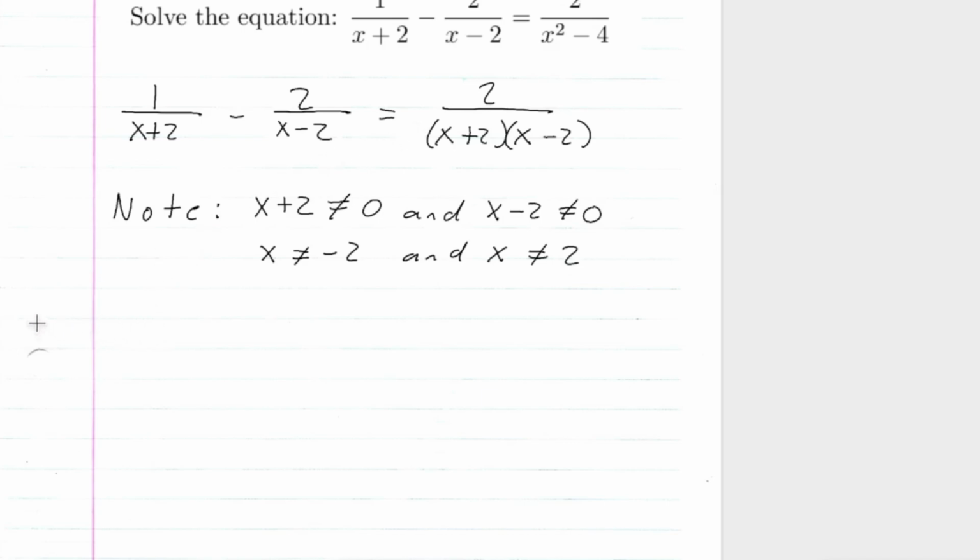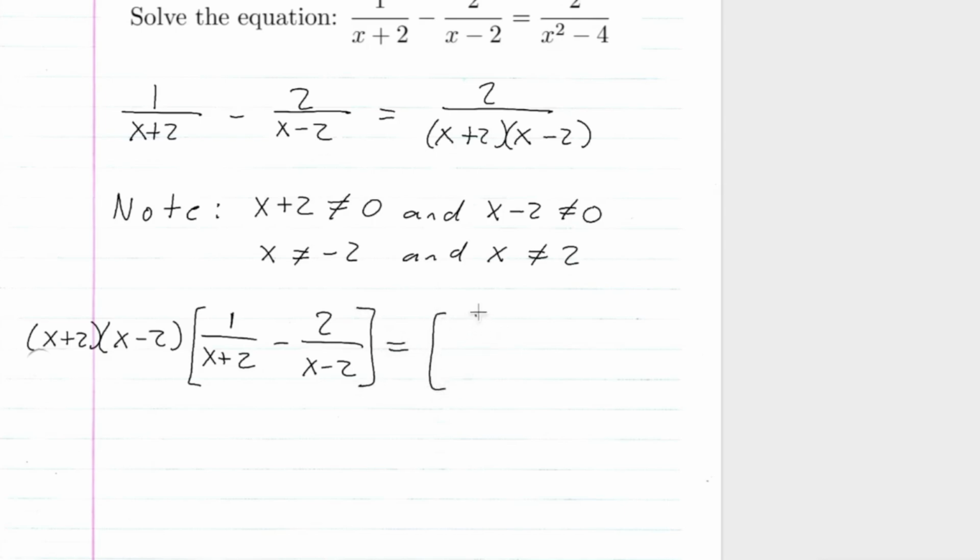So let's go ahead and do x plus 2, x minus 2, and then we'll have the 1 over x plus 2 minus 2 over x minus 2. And this is equal to 2 over x plus 2 times x minus 2.